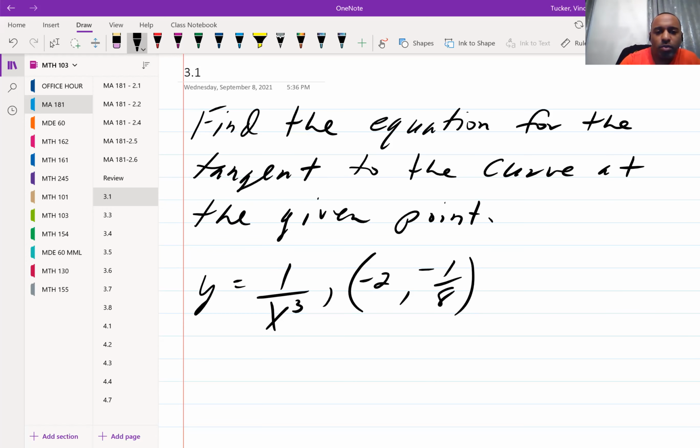And we have y equal to 1 over x cubed, and the point is (-2, -1/8).